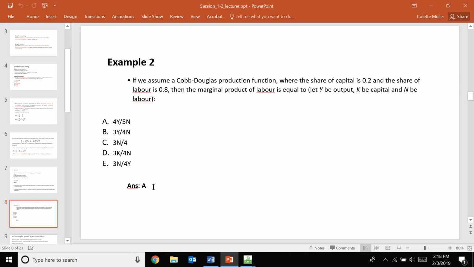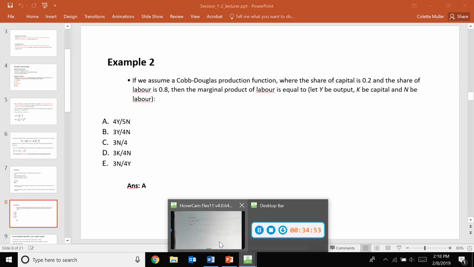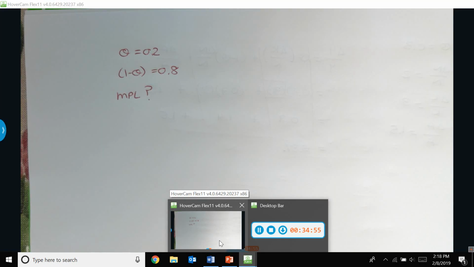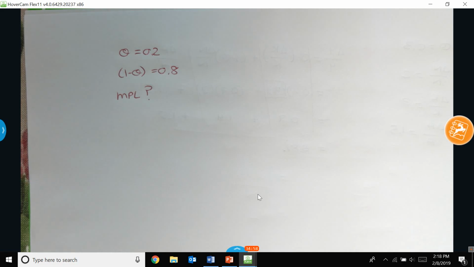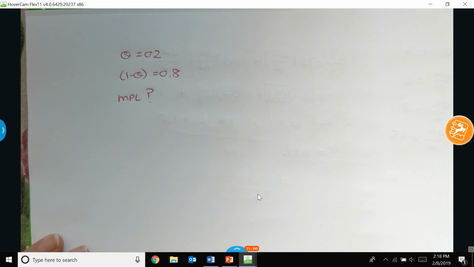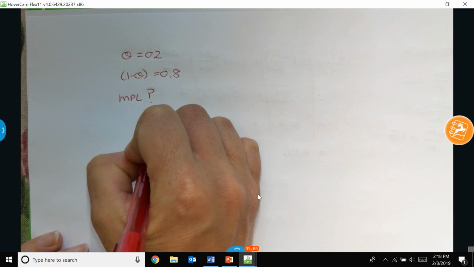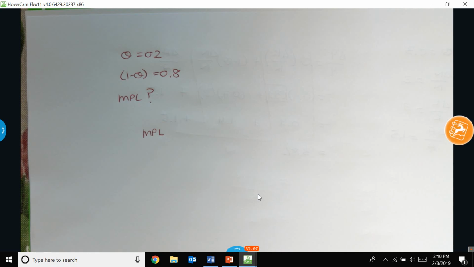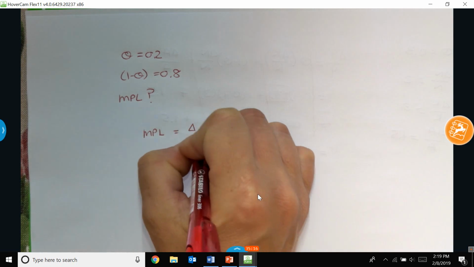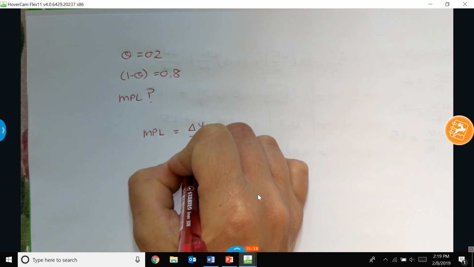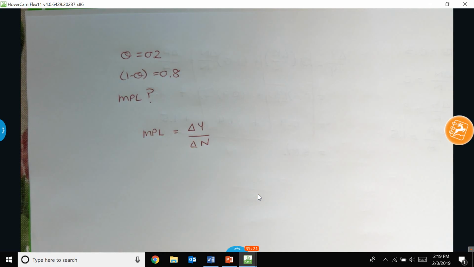So let's switch back to here. Okay. Alright, so what is our formula for the marginal product of labor? Well, the marginal product of labor, if you recall, and this is where we went through the mathematical notation in order to try and work out the marginal product of labor, is the change in output that takes place when the labor force changes, or when the population size changes.